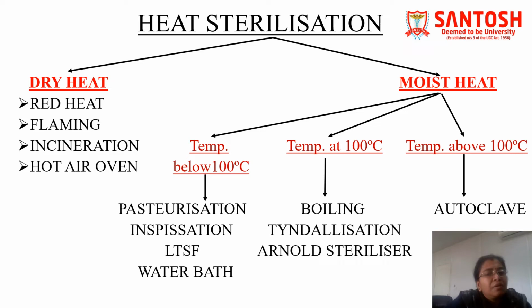Then the third part of sterilization was heat sterilization. This one is important, and this classification is also very important. In heat sterilization there can be two types of heat. One is dry heat and one is moist heat.